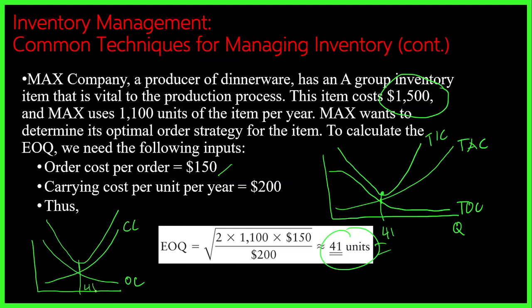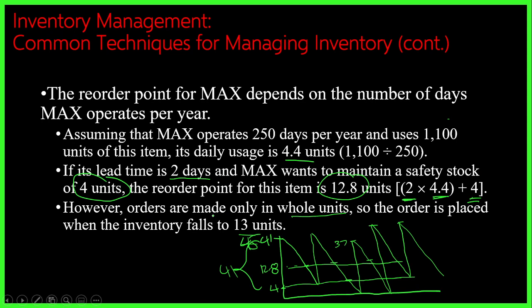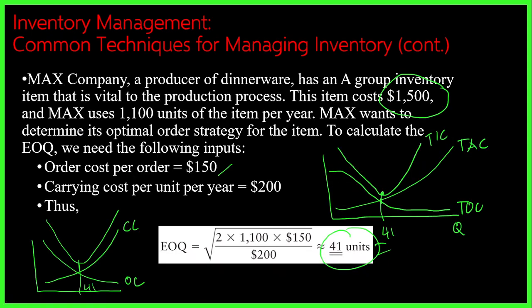At 41 units, if you try to compute your total ordering cost and total carrying cost, they will be equal. So, how do you do that? Total annual carrying cost.